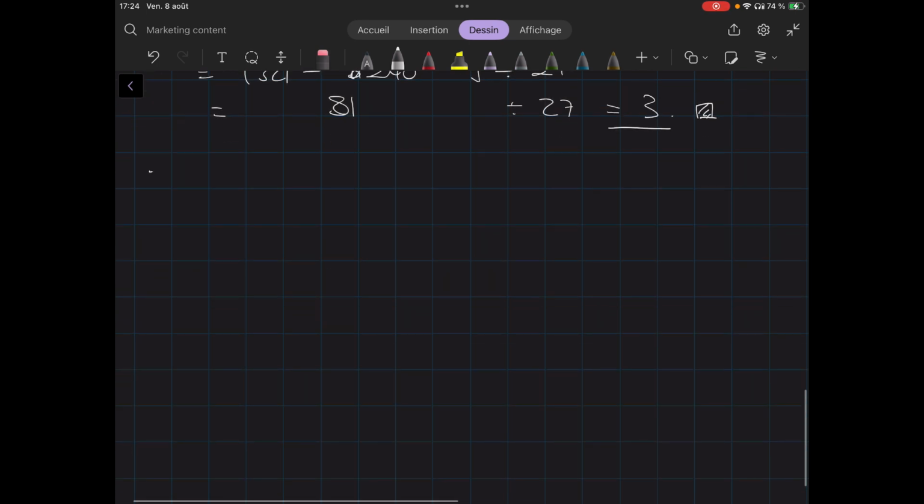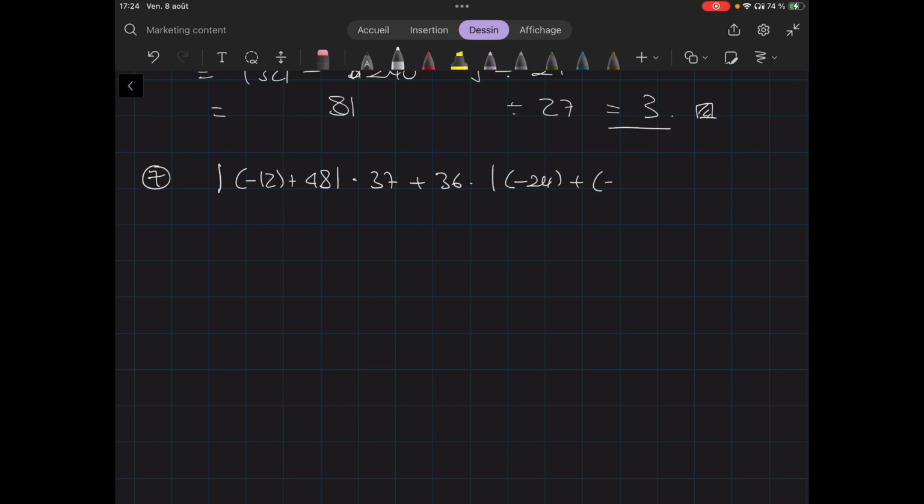Question 7. Absolute value of negative 12 plus 48, times 37 plus 36 times the absolute value of negative 24 plus negative 39. 48 minus 12, that is 36.